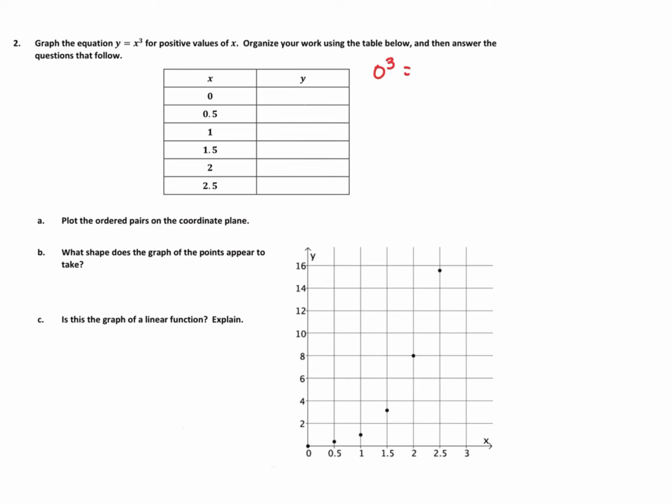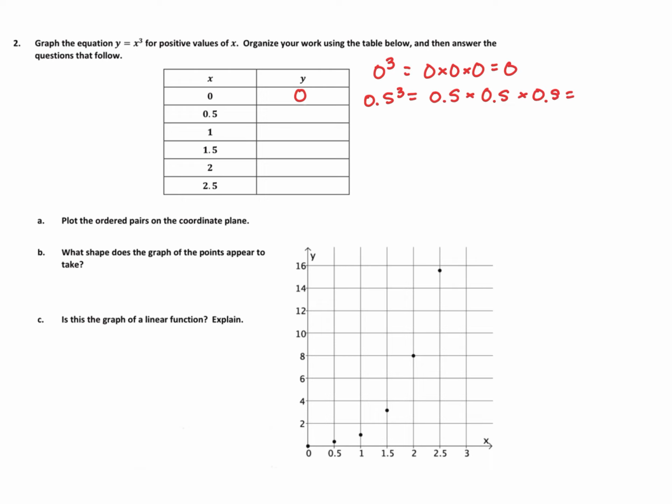0 cubed is the same as 0 times 0 times 0, which is just 0. A half cubed is a half times a half times a half, which is the same thing as 1/8.